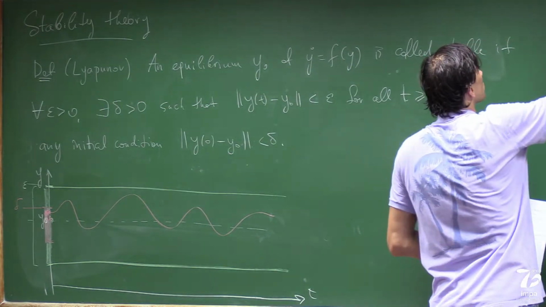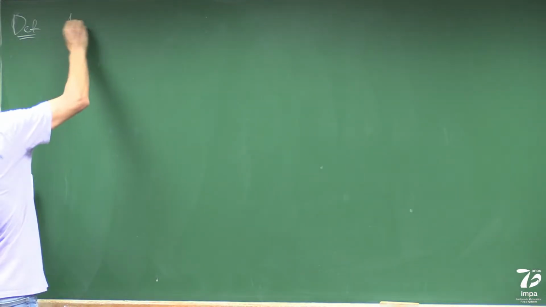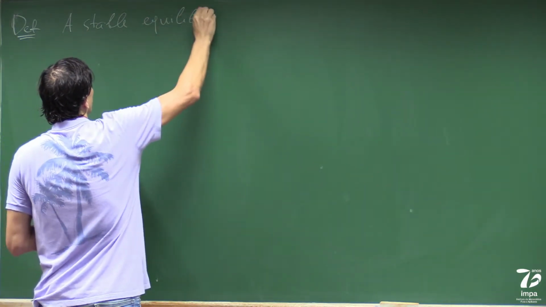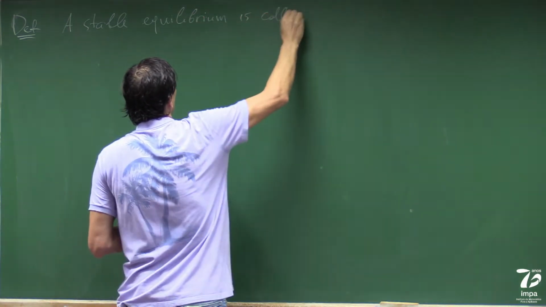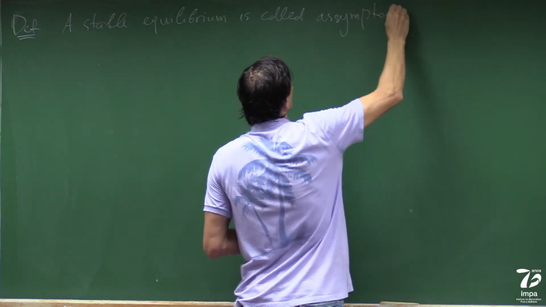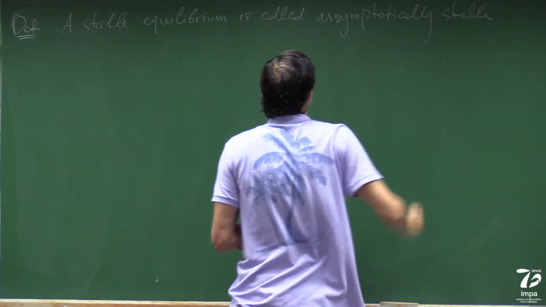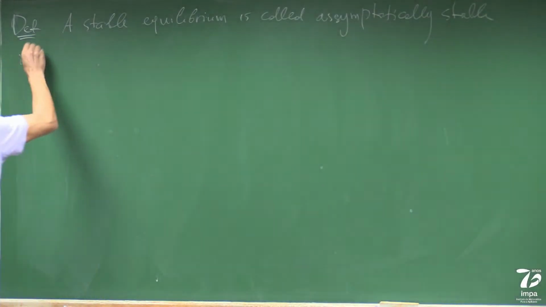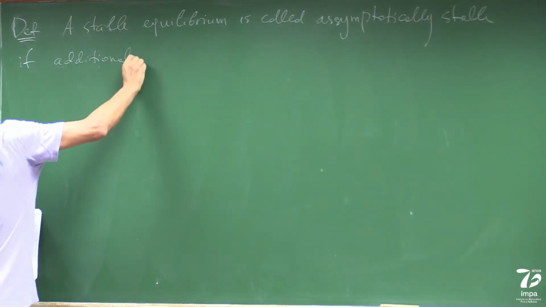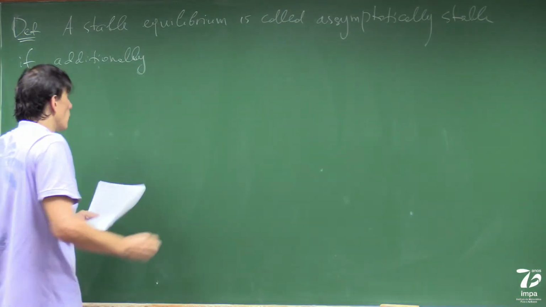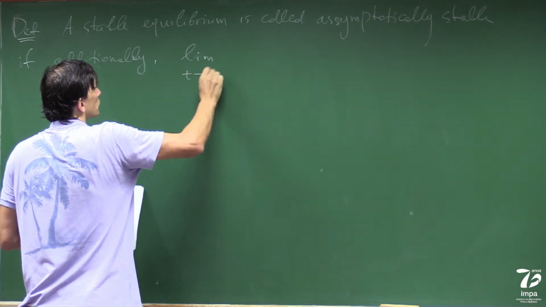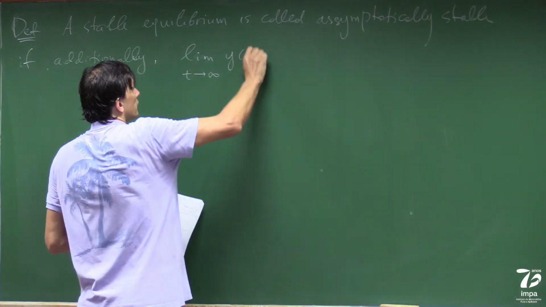The second definition is similar. A stable equilibrium is called asymptotically stable if, well, I already said that it should be stable, but additionally we have the condition that the limit as time goes to infinity of y(t) is the equilibrium.